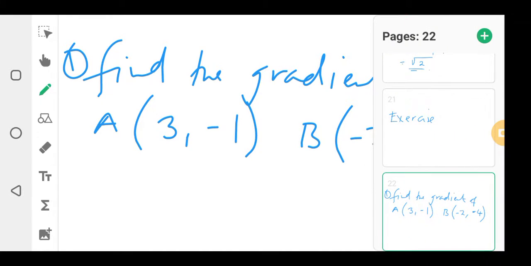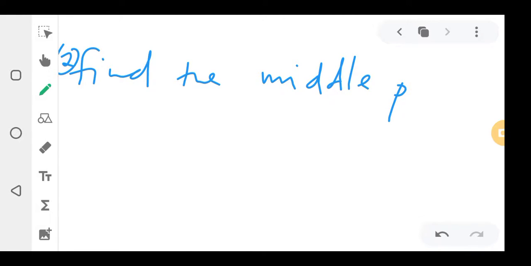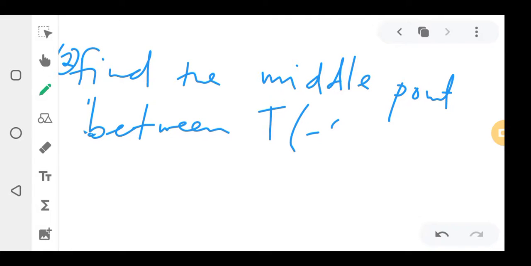And then question 2 is find the midpoint between point T, which is (negative 5, negative 1), and point P, which is (negative 2, 3).